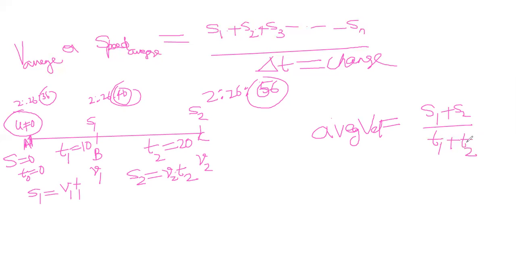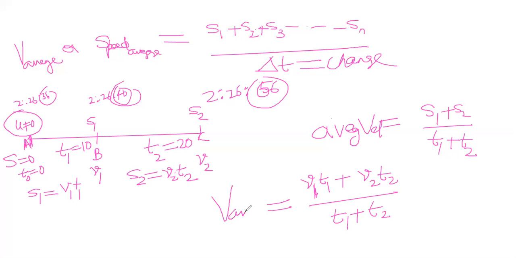This is already in seconds. Otherwise, we should put capital T here. Understood this part? What is S1? V1 T1. Is it or not? V1 T1 plus V2 T2 by T1 plus T2 is equal to V average.